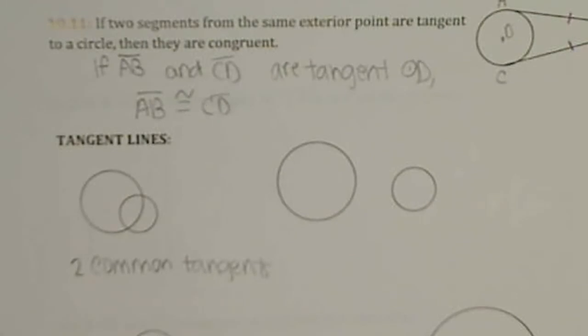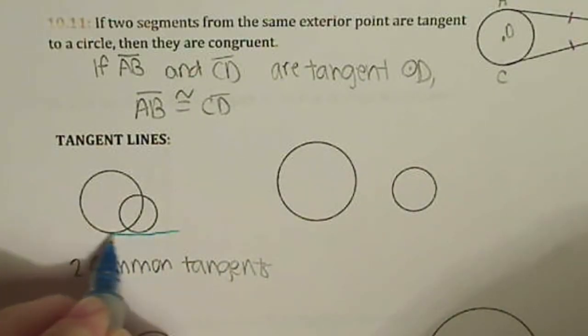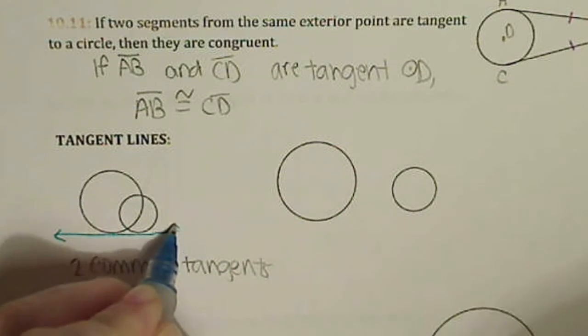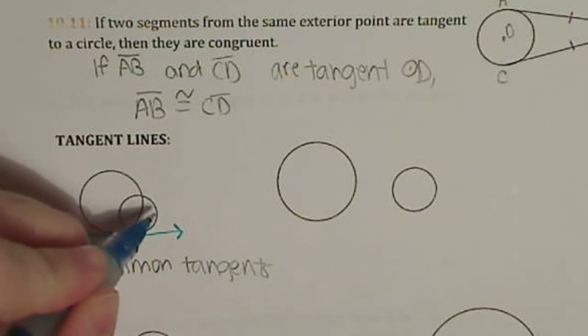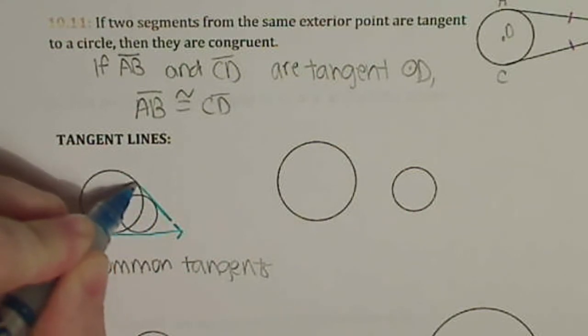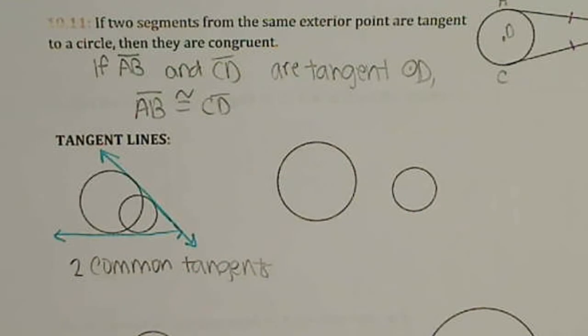I'm going to take my blue pen and draw one of our tangents down here, touching the circle in one place, and the other one along the top, like that. So I have two lines there.